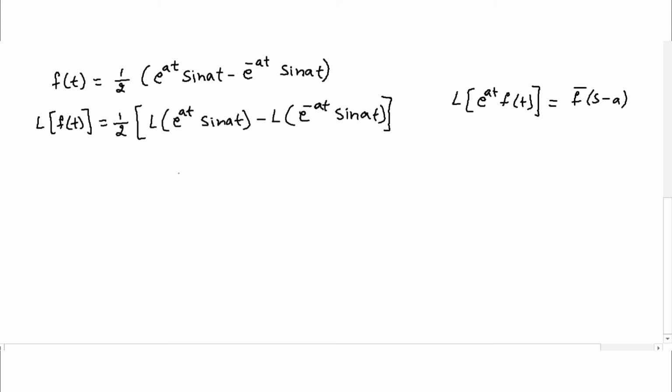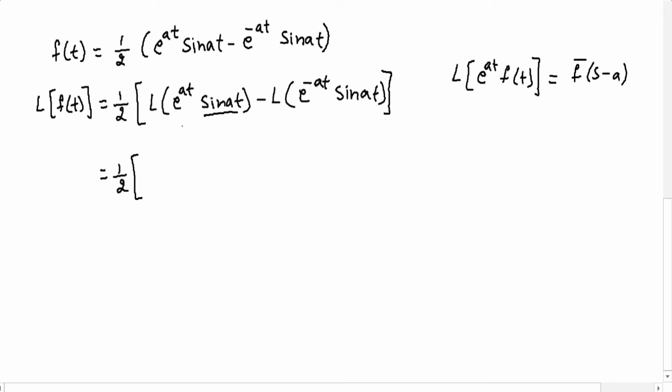So what I can do over here is that I'll try to find out the Laplace transform of sine at separately. So what is the Laplace transform of sine at? As we know, when you have L of f of t, it is written in the form of f bar of s.